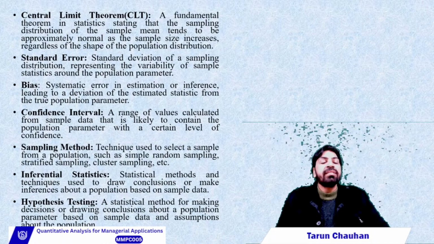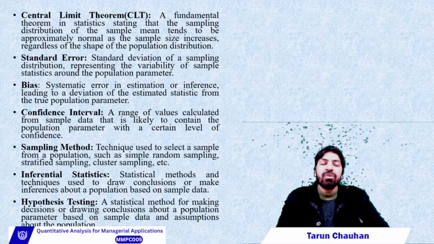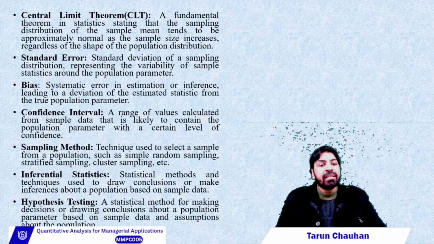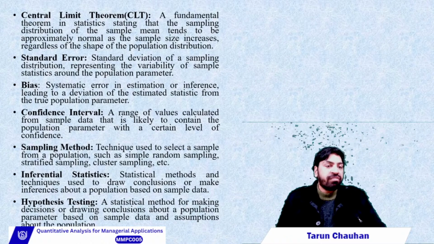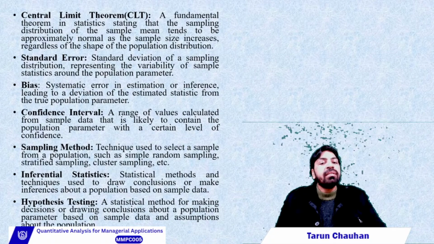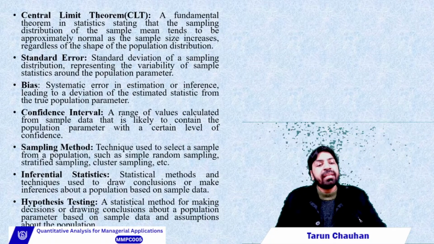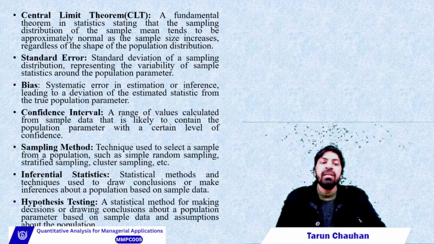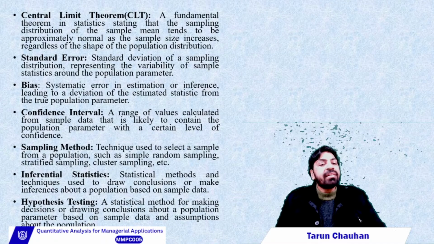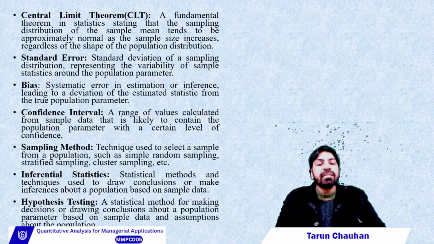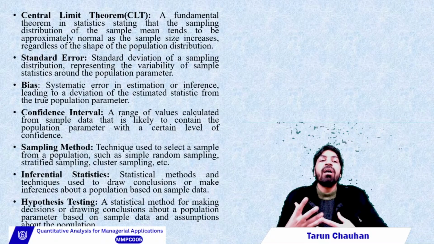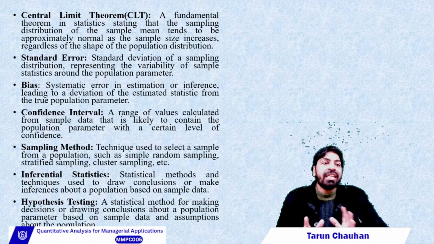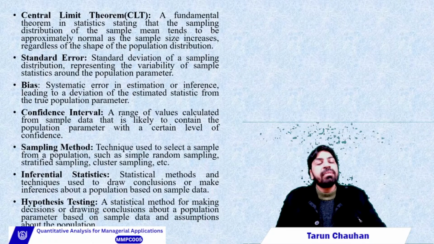Confidence interval is a range of values calculated from the sample data for the population parameter with a certain level of confidence. Sampling method is a technique used to select the sample from the population. It could be cluster, convenience, or any other method. Inferential statistics are the methods or techniques used to draw conclusions or make inferences about the population based on the sample data.